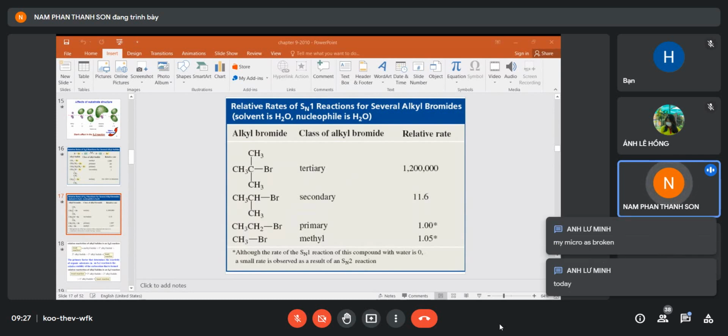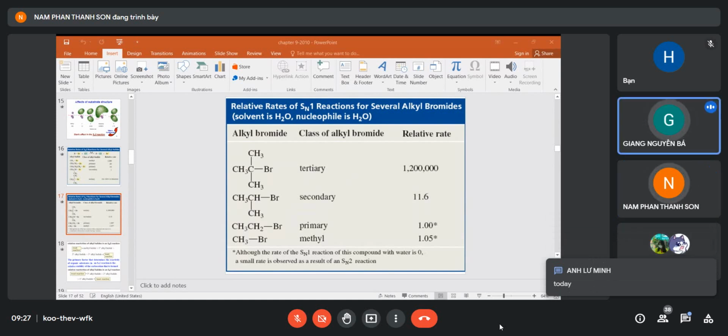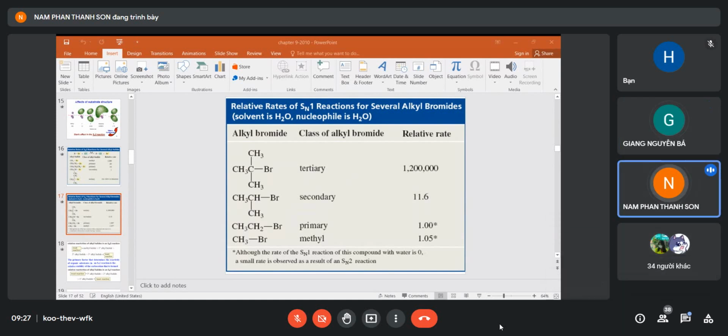Nguyễn Bá Giang. Yes, teacher. Can you tell your friend which cation is more stable, tertiary cation or primary cation? I think it's tertiary. Okay, tertiary cation is more stable. Why is that?